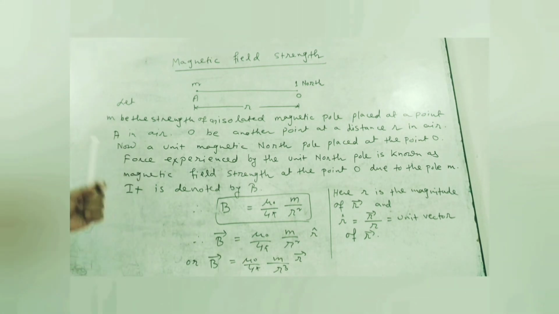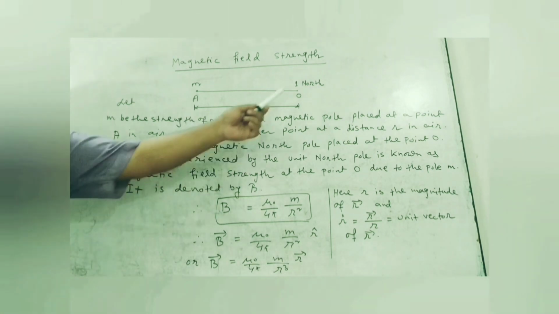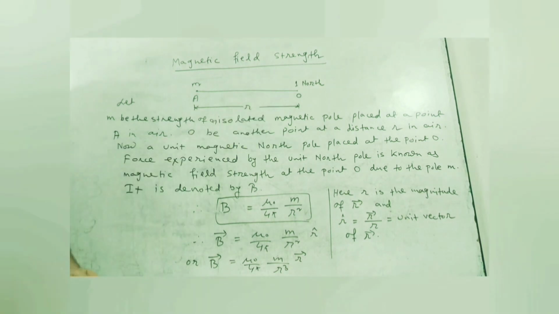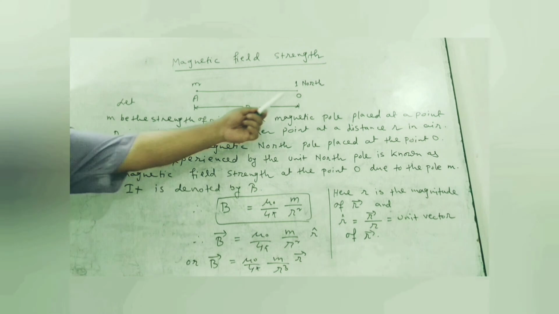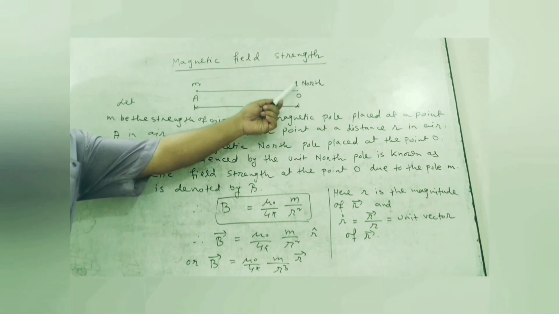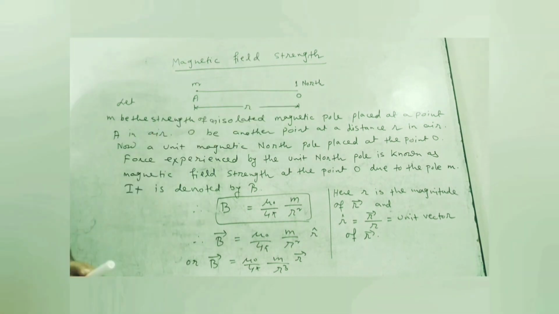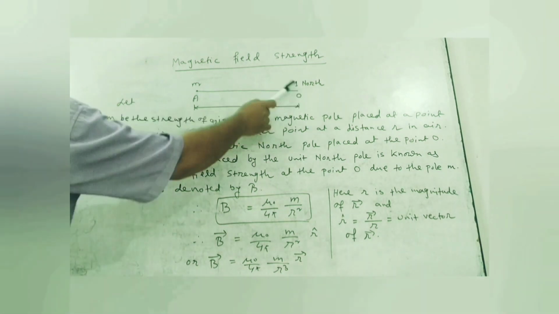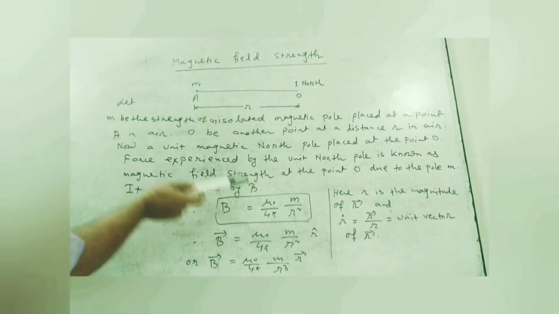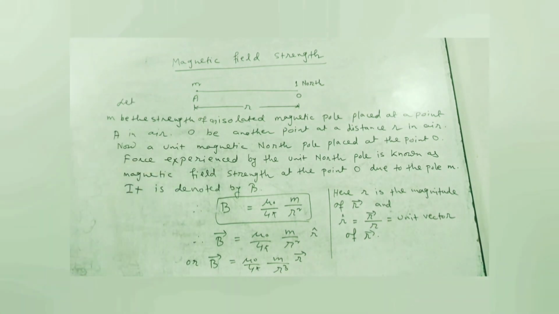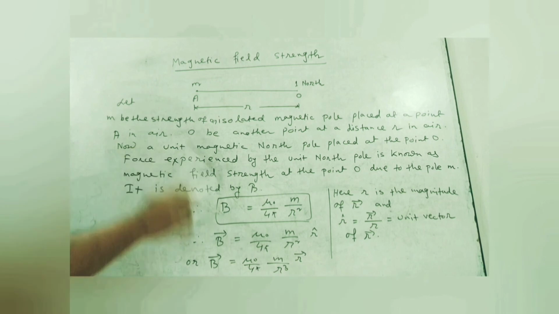Now a unit north pole is placed at the point O. The force experienced by the unit north pole at the point O is known as the magnetic field strength at that point O due to the isolated magnetic pole m.